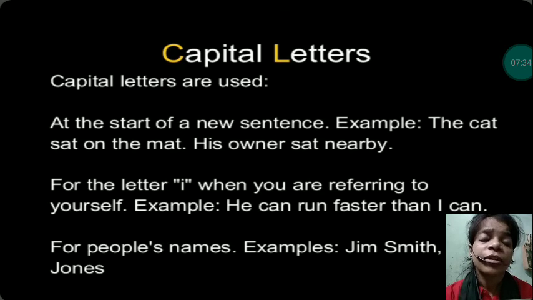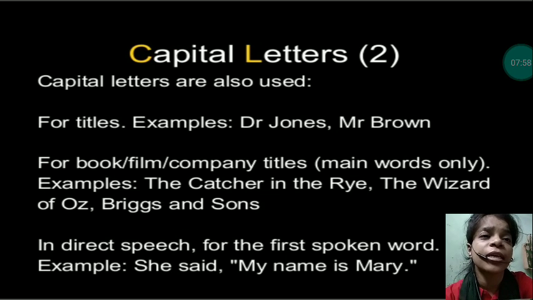Then with proper nouns: whenever we write any proper noun, even in the middle of a sentence, we write it with a capital letter. So we use capital letters for three reasons: when we begin a sentence, when we write I, and with proper nouns.